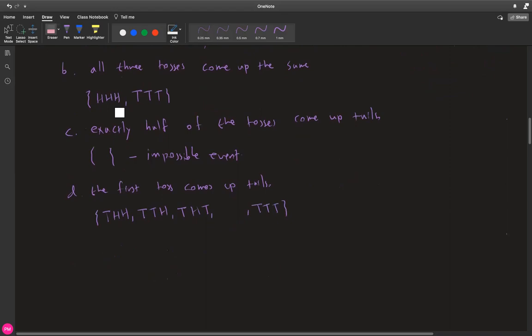Now let's look at a few more examples. Let's do one more scenario. We're doing the same thing. We're looking at the events.